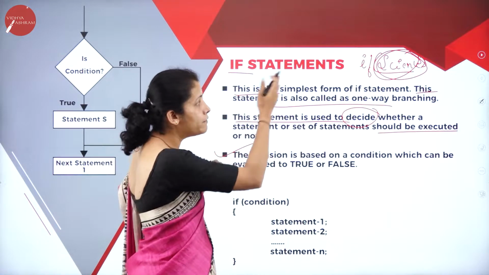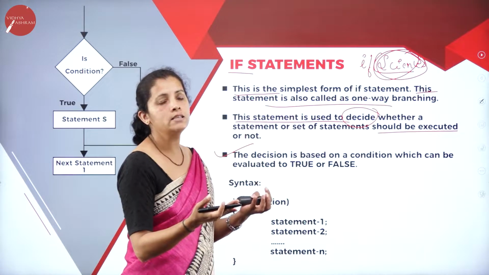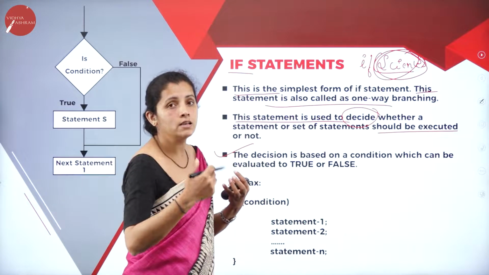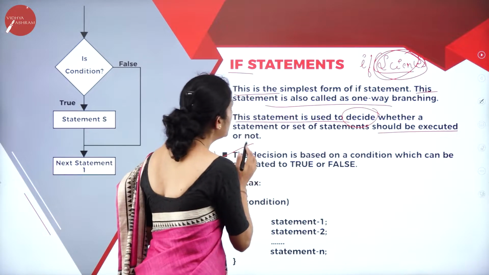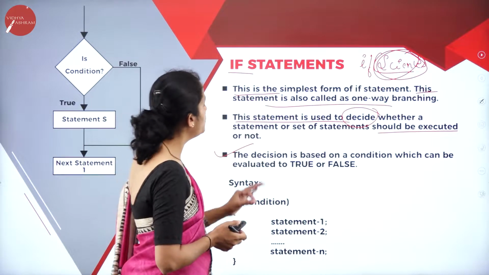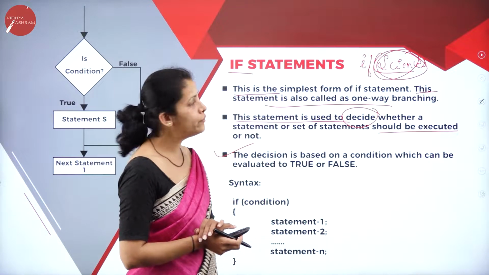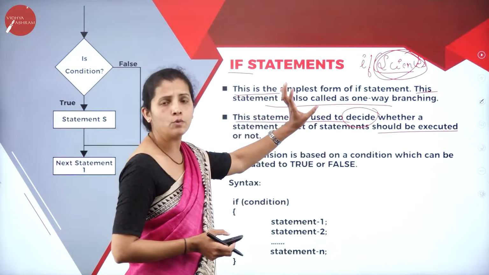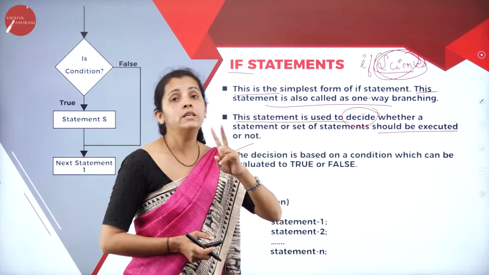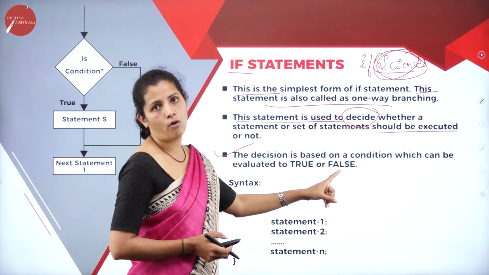In that, if I have a seat, then I can join. Otherwise, what I'm going to do? I'm going to search in some other college. So the decision is based on a condition which can be evaluated to true or false. Whatever the condition I'm going to have here, I can evaluate in both situations, that is nothing but true or false.